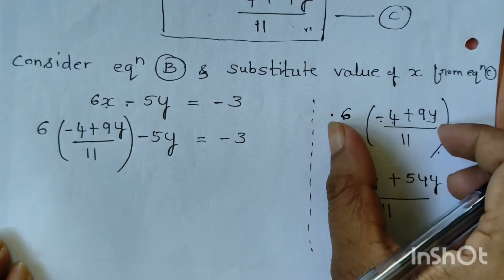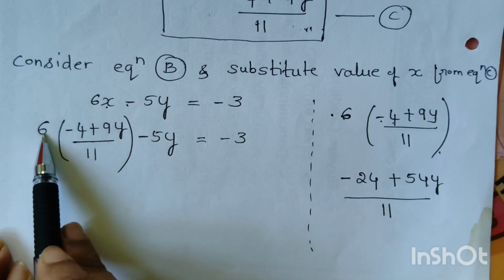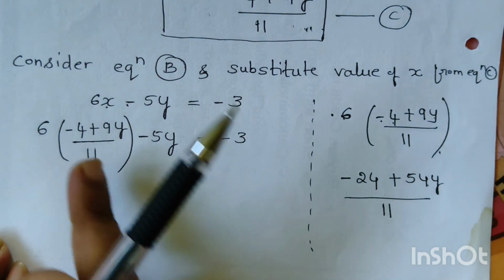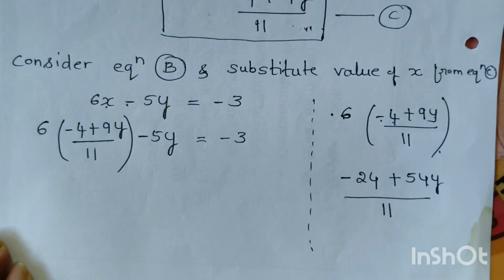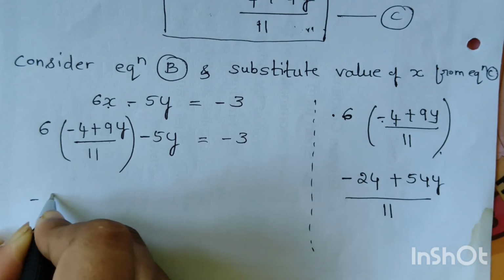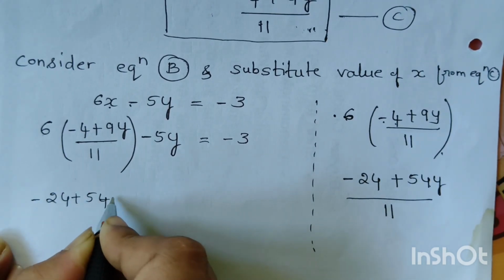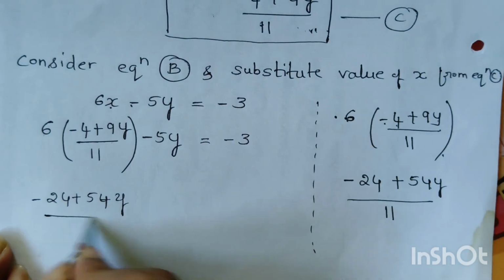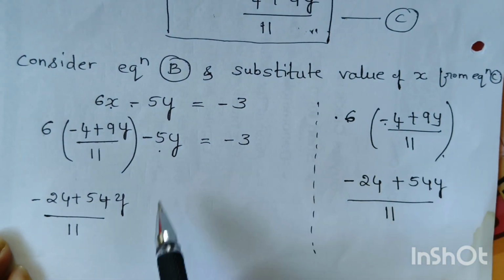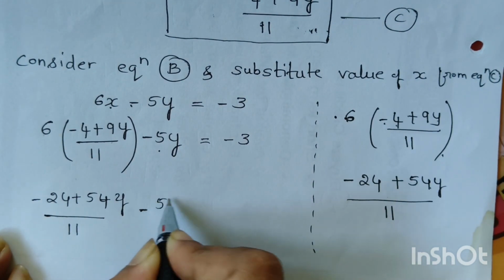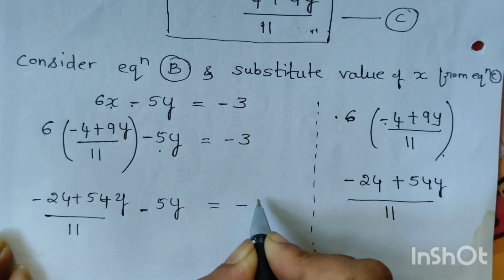We have simplified this separately, so I will write it here: minus 24 plus 54y divided by 11 minus 5y is equal to minus 3.